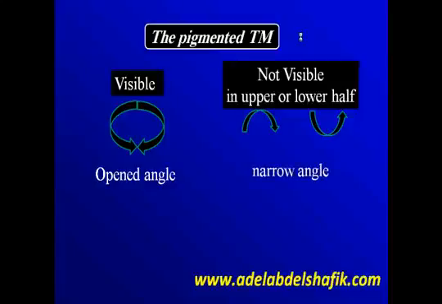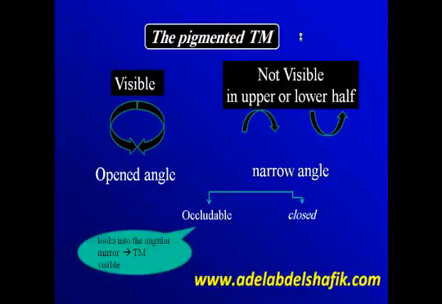This narrow angle can be occludable, just approximation between the iris and the cornea, or it can be closed. And this closure can be by adhesions between the iris and the cornea. This is peripheral anterior synechiae, or apposition between the iris and the cornea.